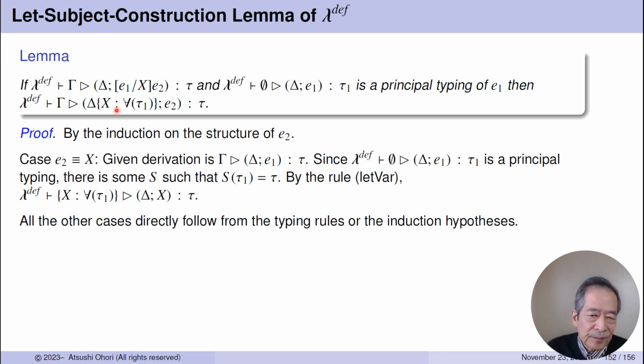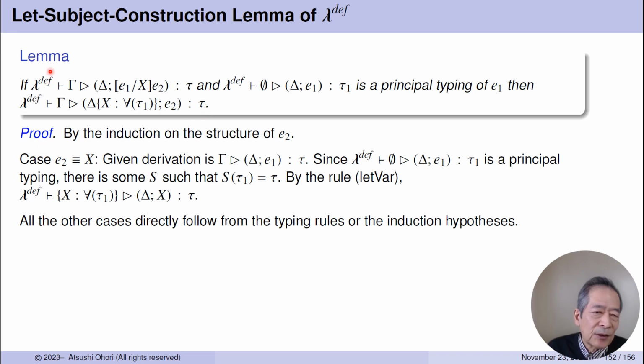Then this principal typing extends this delta with X to have principal polytype, and E2 has the same type tau. So this is the lemma we used in the previous proof of equivalence.